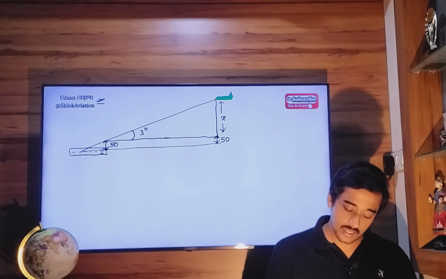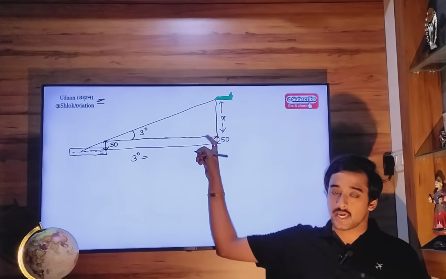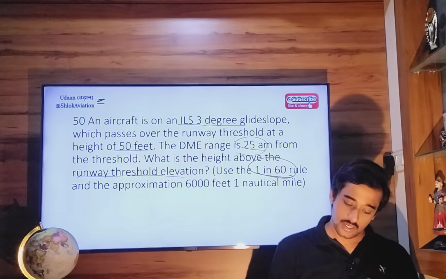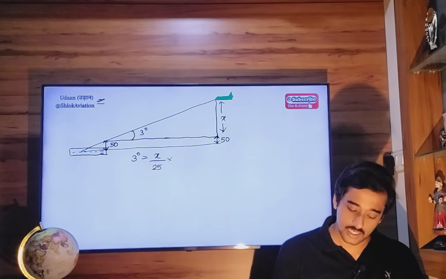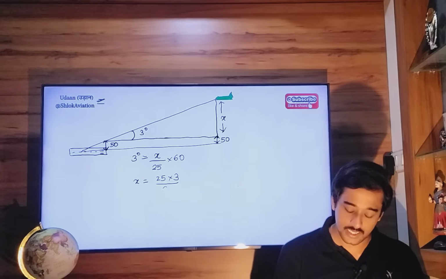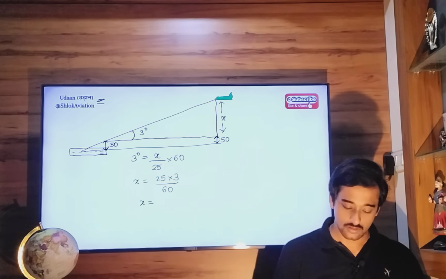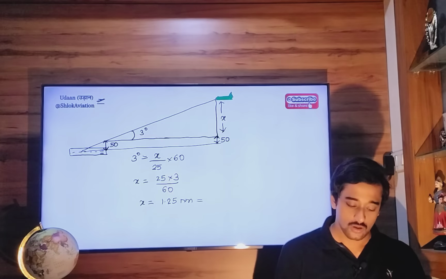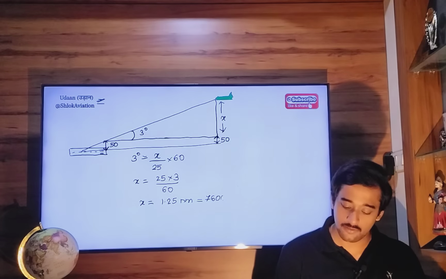1 in 60 rule. Angle 3 degrees equals distance off track divided by distance traveled. Distance off track is x. Horizontal distance is 25 miles away. So 25 into 3 divided by 60, that is 1.25 nautical miles. 1.25 into 6080 is 7,600 feet.